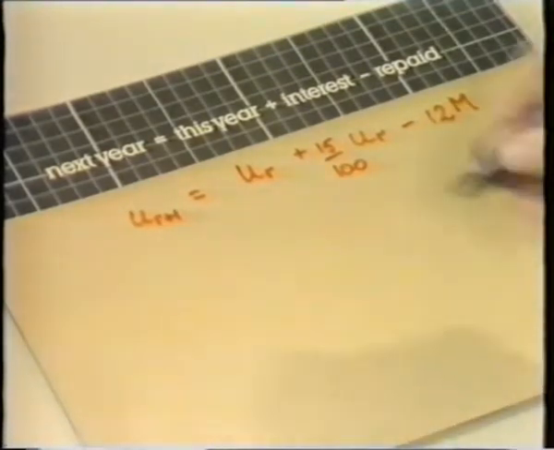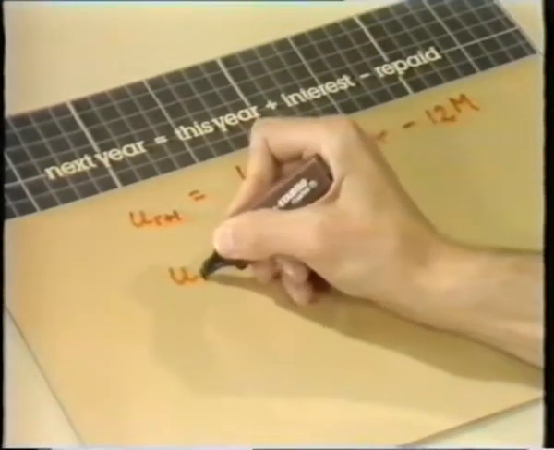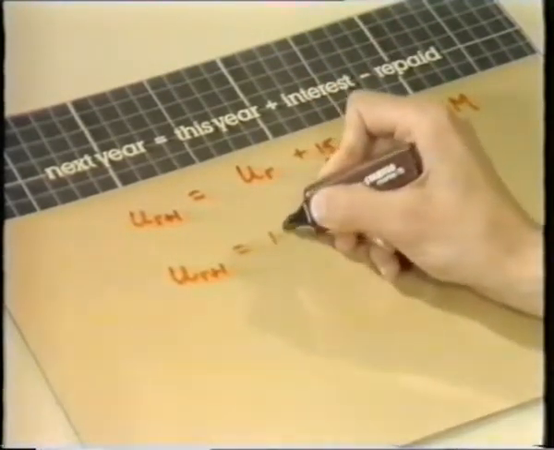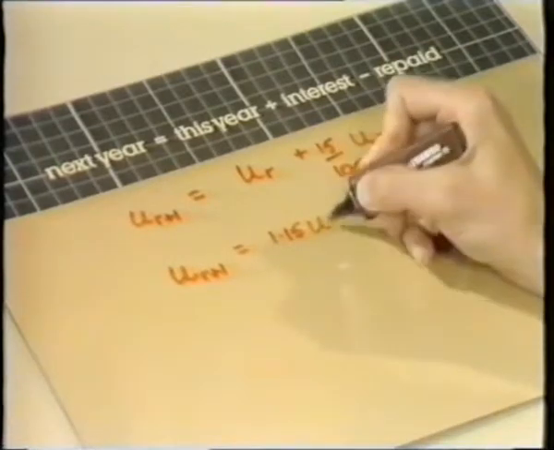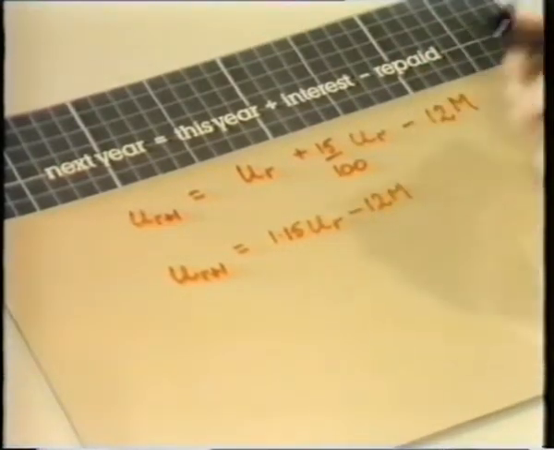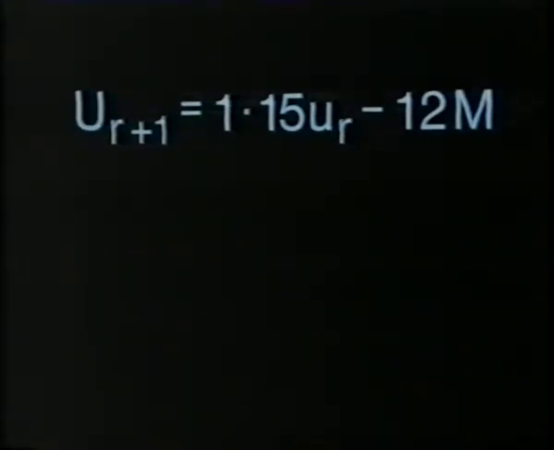And we can simplify this to write Un+1 is equal to 1.15 Un minus 12M. And this is going to be the model for our problem. Now, it only involves Un+1 and Un, so it's first order.